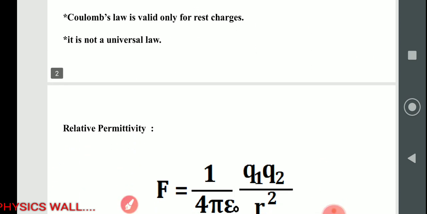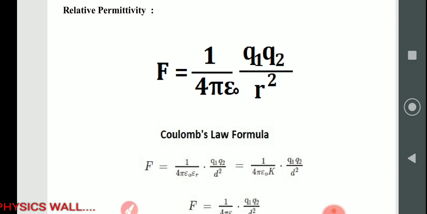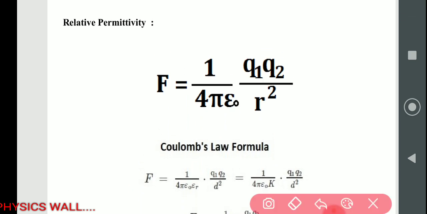Now, next we have permittivity. So what do we mean by permittivity? Permittivity is the property of a medium which determines the electric force. Let us discuss it. So we have relative permittivity.